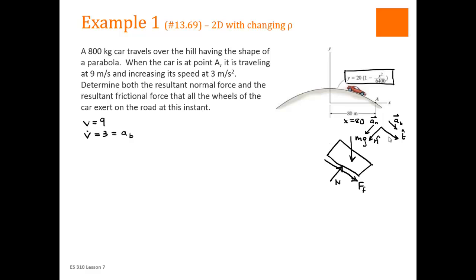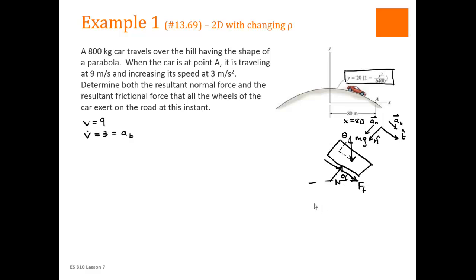mg needs to be broken up into components. So if we break this up into components, we've got a component along the N, we've got a component along the T. We need to figure out what that theta is, right, in order to break that up into components. That theta is the same as this theta, just based on geometry.